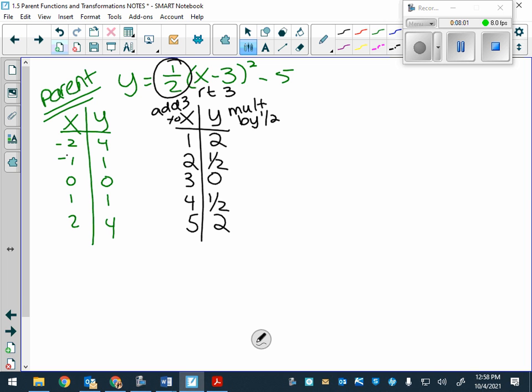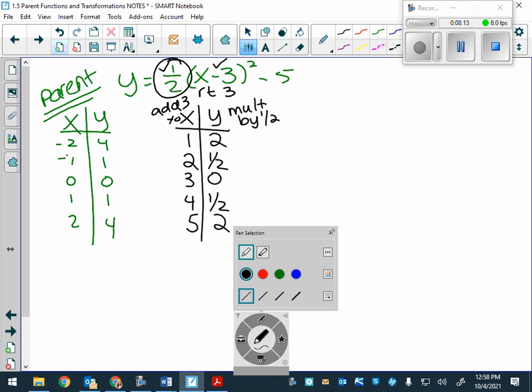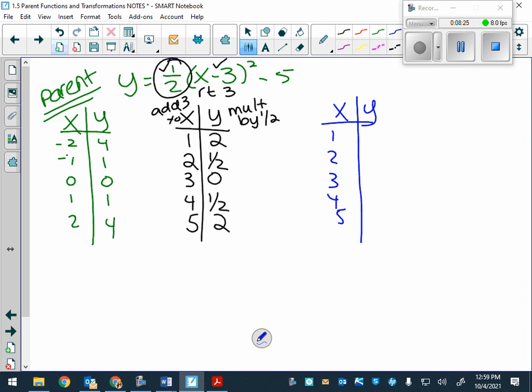Okay? So what I just did, added 3 to x, took care of my x transformation. Multiplied by 1/2 takes care of my compression. And last but not least, I'm just going to carry my x values over. Last but not least, I have to do what to y to shift down? Danielle.